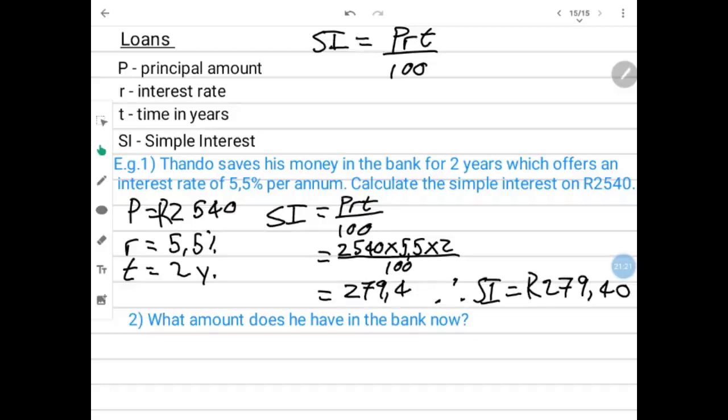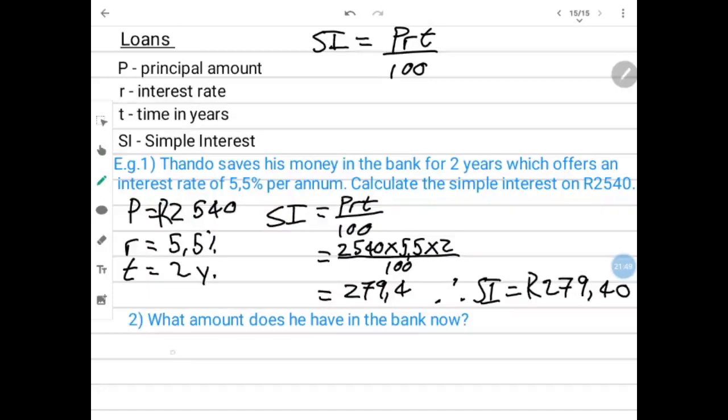It's actually wonderful. Now, question 2 says, what amount does he have in the bank now? This means we would have to take the original amount, the 2,540 that he started with, and add the simple interest that we just calculated. That is the final amount that he would have in the bank now.